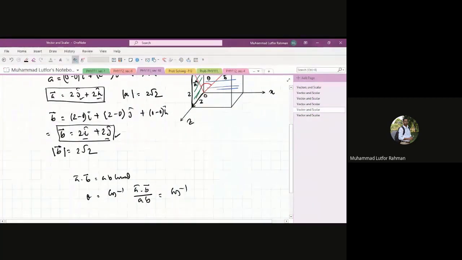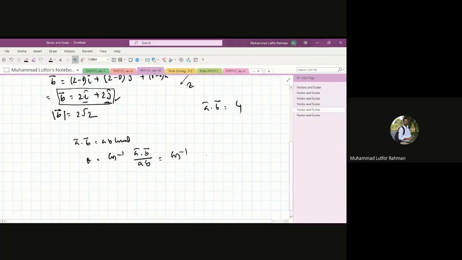So A dot B would be basically 4, right? 2j into 2j, j dot j is basically 1. So I'll write down the 4, and the magnitude of A is 2 root 2, and the magnitude of B is also 2 root 2. So then it should be cos inverse of 4 over root 2 into root 2 into 2 root 2, that means 4 over 8. It's a half. So your theta would be basically 60 degrees. Cos inverse of half is 60 degrees.